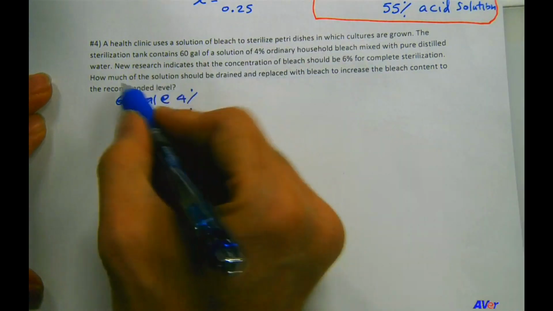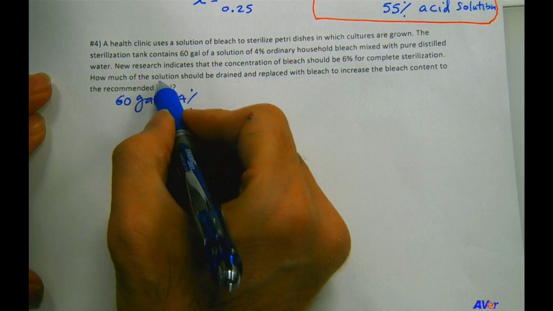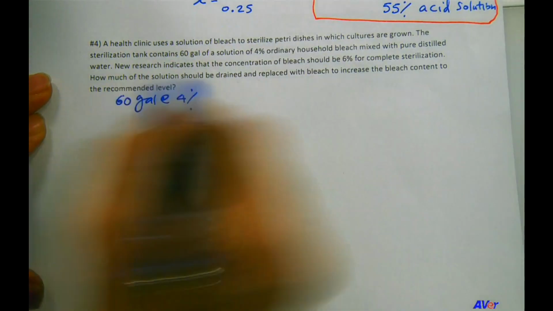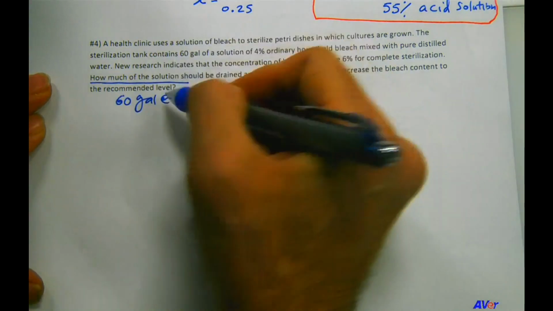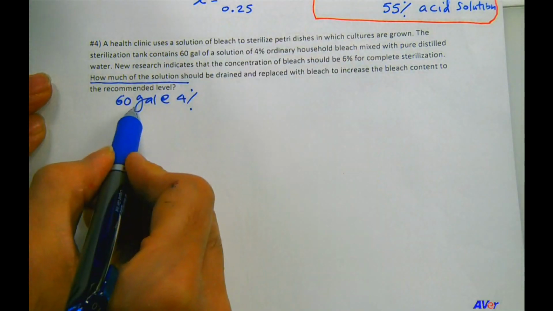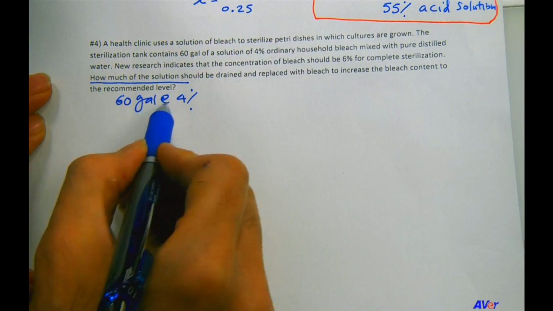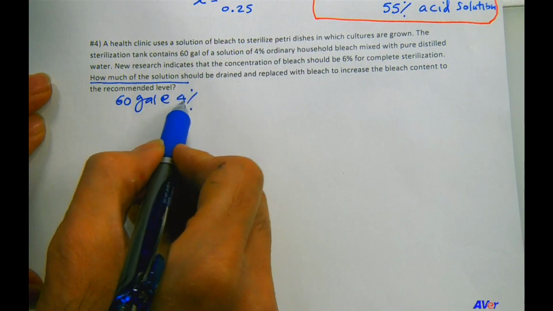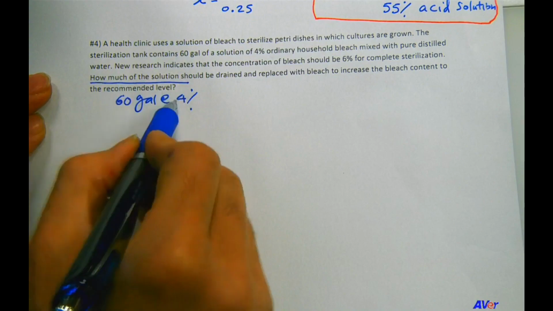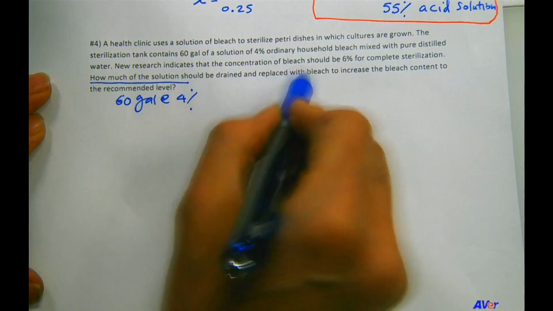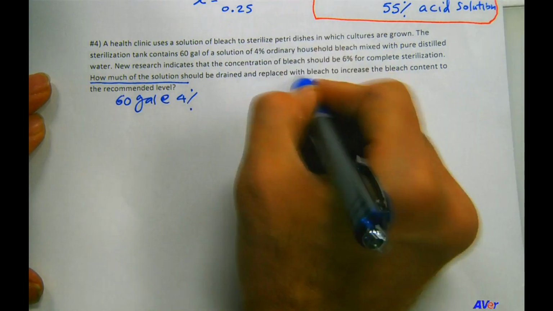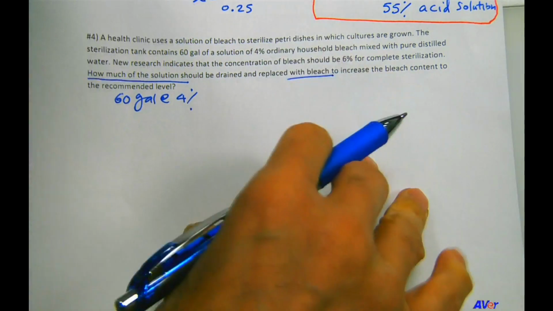Okay, so how much of the solution, that is the current solution, this is very important, how much of the solution, that is talking about the current solution of 60 gallons at 4%, how much of this should be drained and replaced with bleach? With bleach. That means 100% bleach.